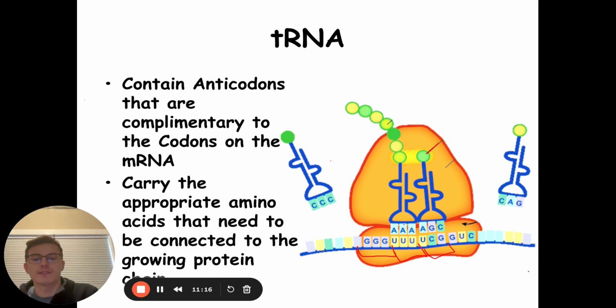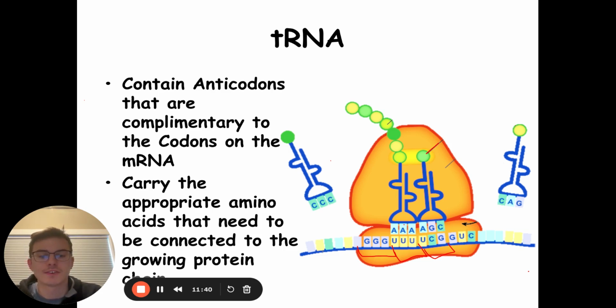All right, last thing here for our translation. So we know we have the code, which is the messenger RNA. We have the ribosome, which holds it in place, and then combines all the amino acids together. What the tRNA does, as I mentioned, it has that anticodon. So it's going to come in and it's going to attach.